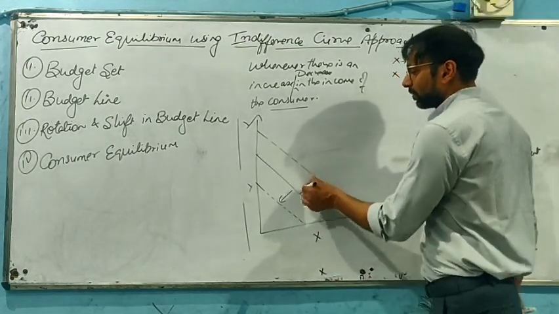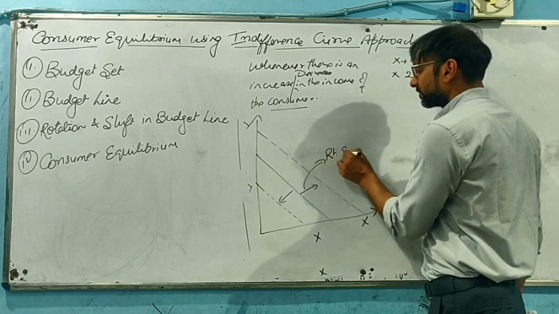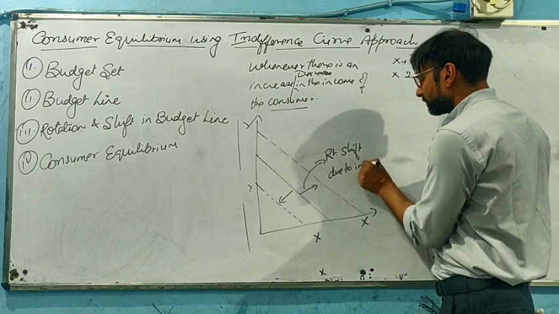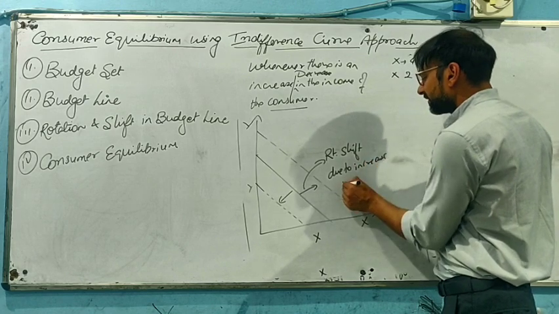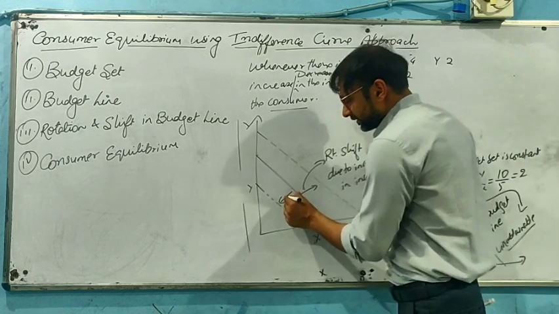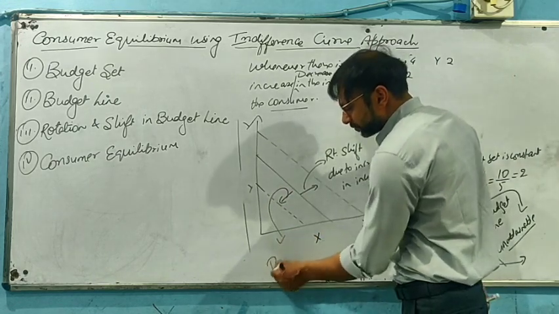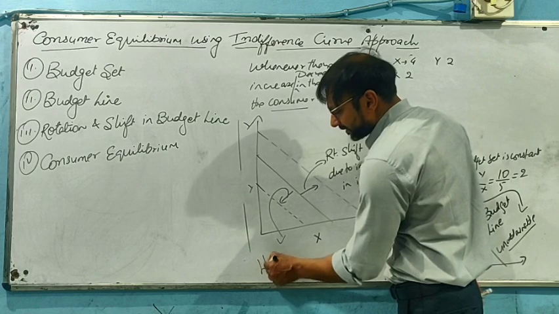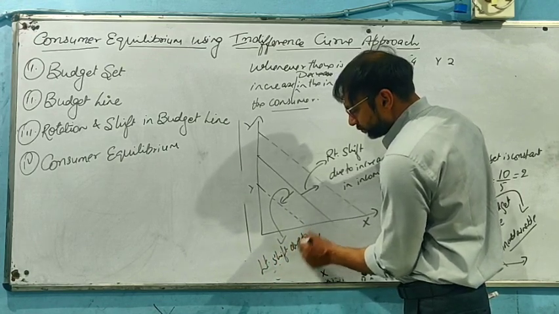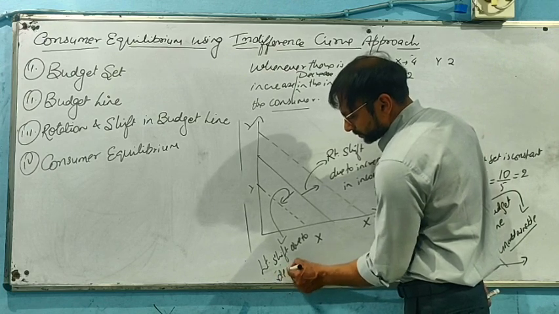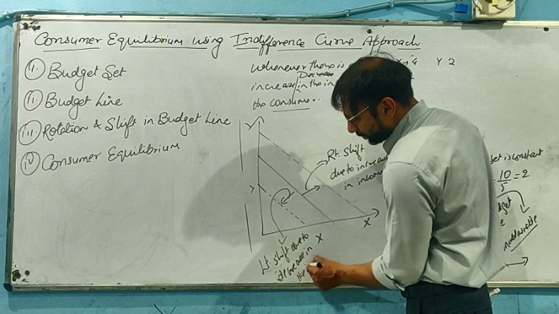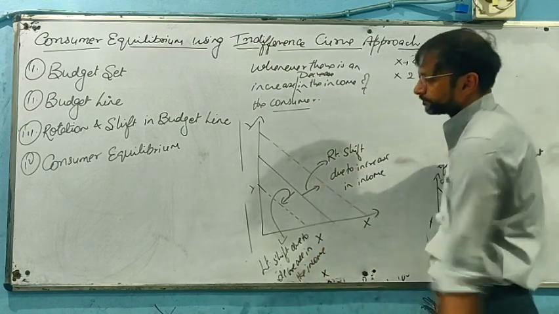It means this will be a rightward shift due to an increase in income of the consumer. This is, we can say, a leftward shift due to a decrease in the income of the consumer.